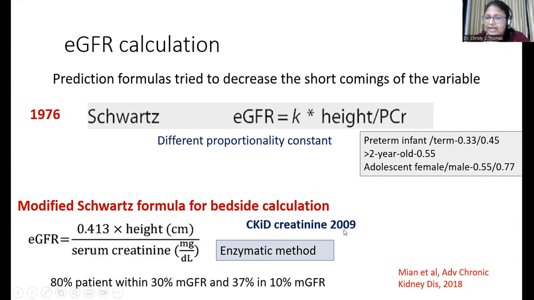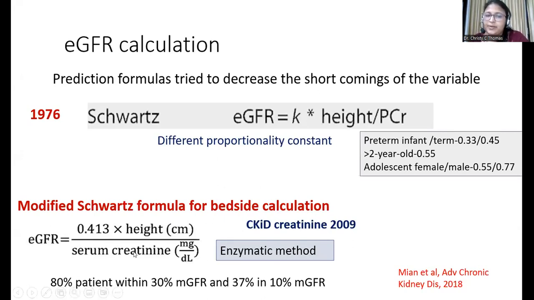Now, in 2009, we have the modified Schwartz formula for bedside calculation, or the CKiD creatinine criteria. Here, the eGFR is equal to 0.413 into height by serum creatinine. And here we can see that the proportionality constant is the same for all age groups, and that is 0.413.